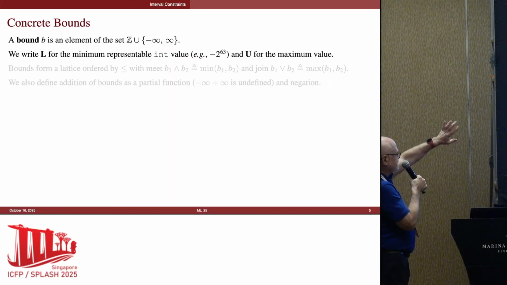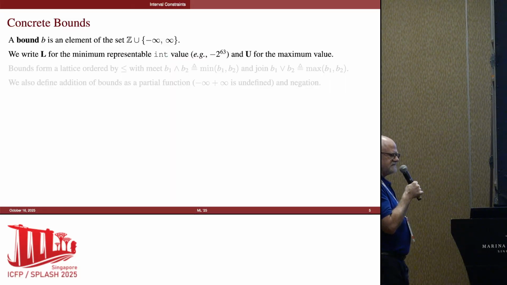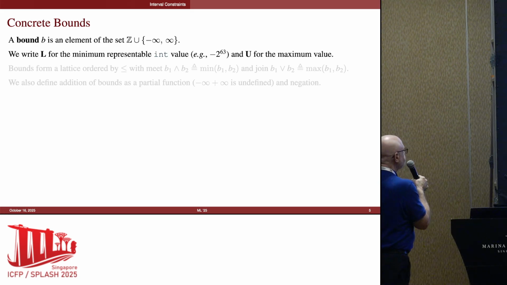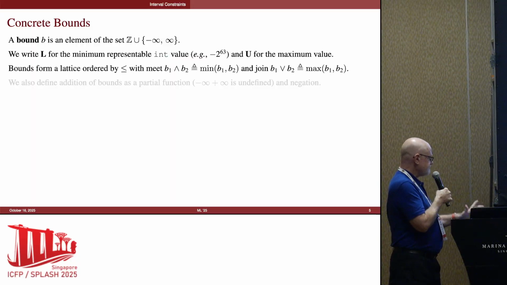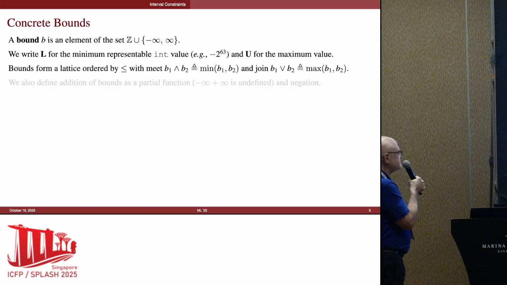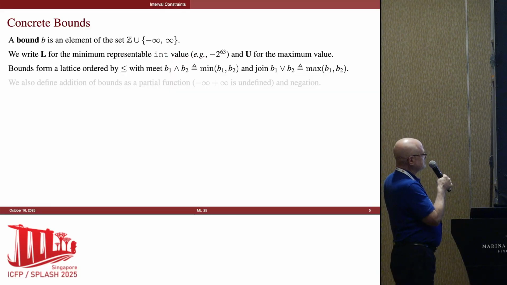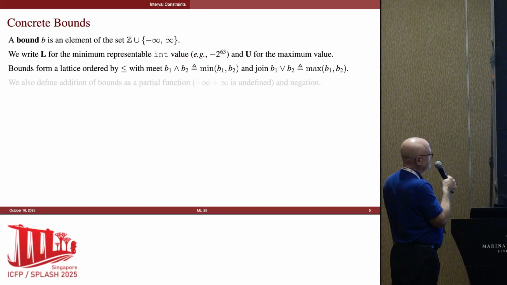But for now, let's just imagine we have, say, 64-bit integers, and so L is minus 2 to the 63. And these bounds, of course, are ordered by the standard ordering of integers, and you can define the minimum and join operations. So min is the meet.